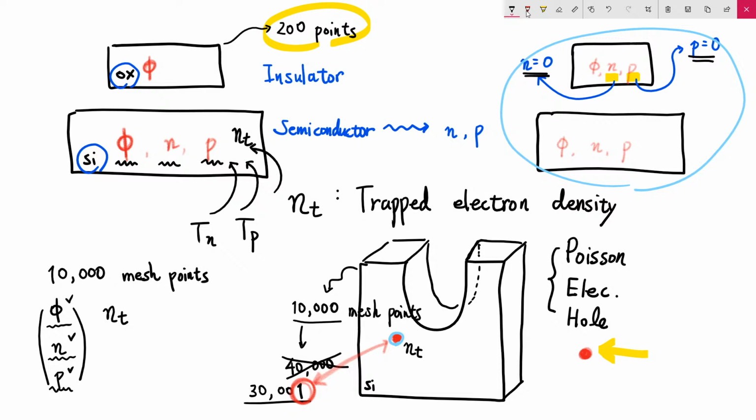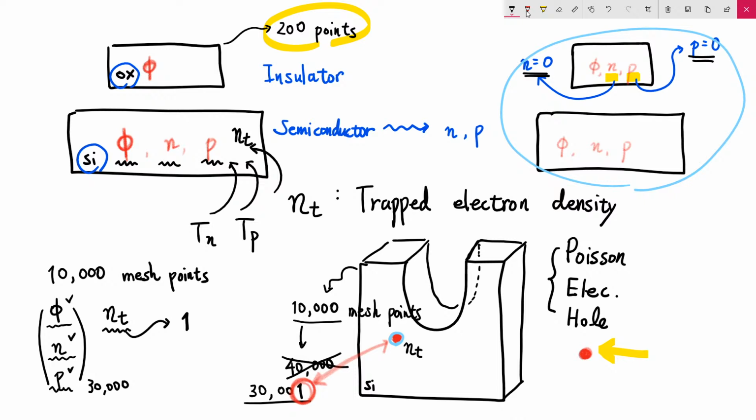However, if we define the unknown variable only where it has physical meaning, we still have 30,000 from the electrostatic potential, electron density, and hole density, and the trapped electron density contributes only one unknown variable, because there is only one point where it is defined.